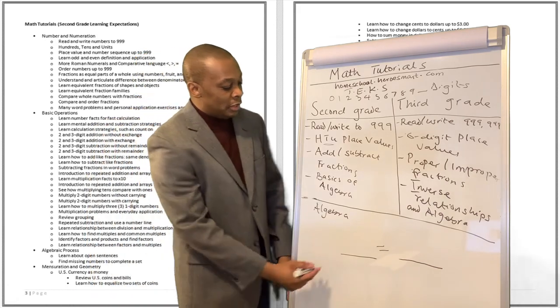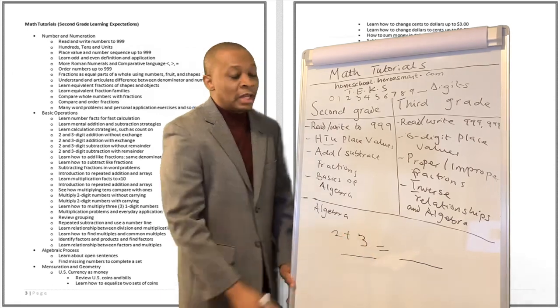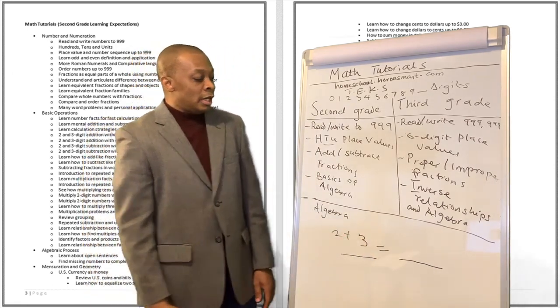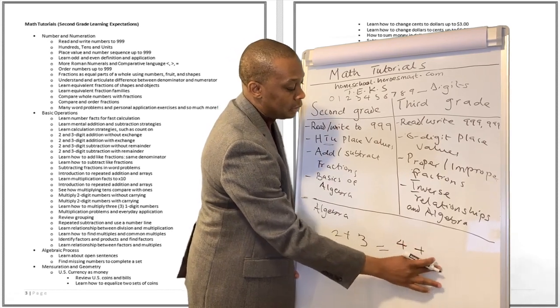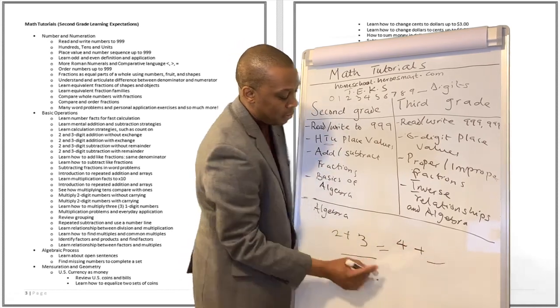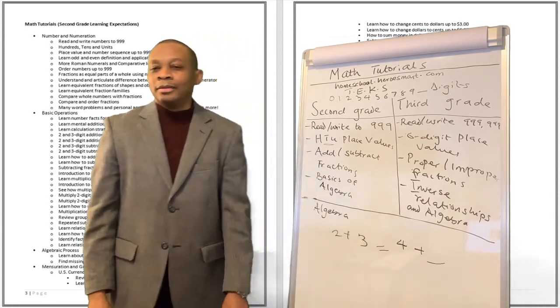So if you have, for example, 2 plus 3 on this side, and then you have something here called 4 plus, all right, 4 plus blank, so to say. What is blank?